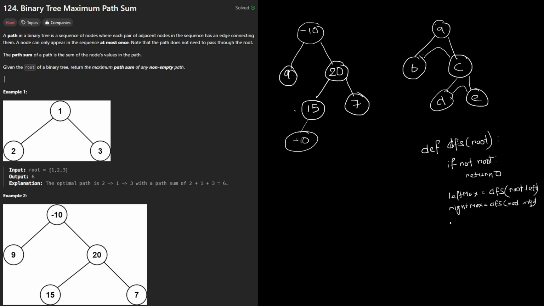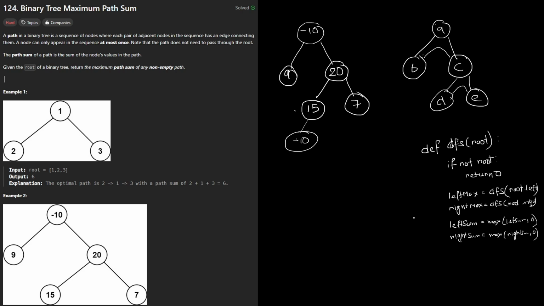For that, just to remove the negative number, we can take the maximum of left sum or 0, whichever is higher. So if you're getting a -10 value, we are not going to include it. Similarly, we can also take the right sum, and it would be the max of right sum and 0.